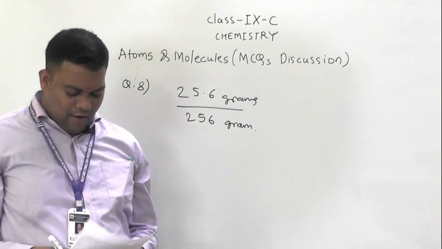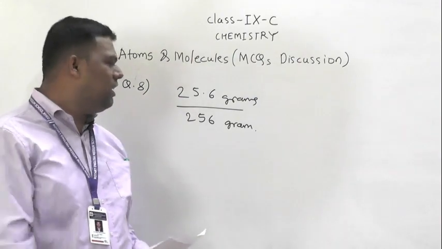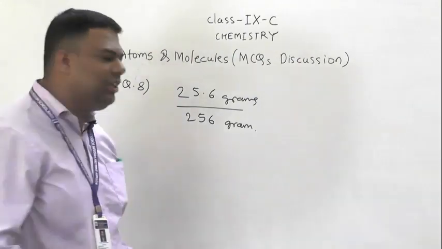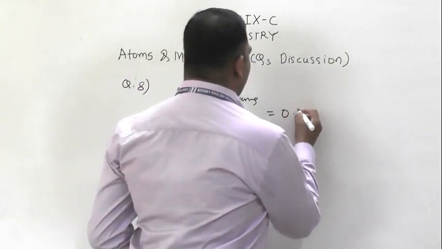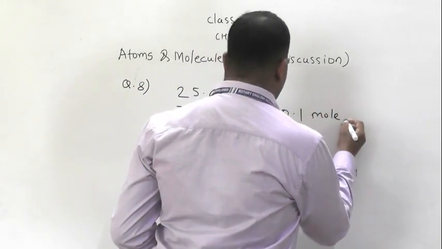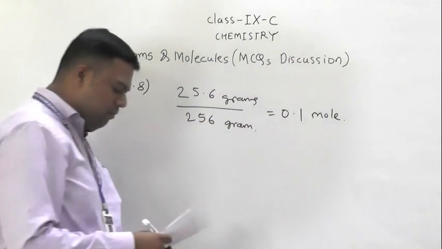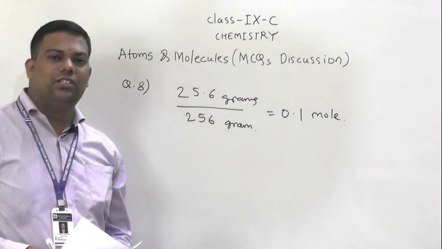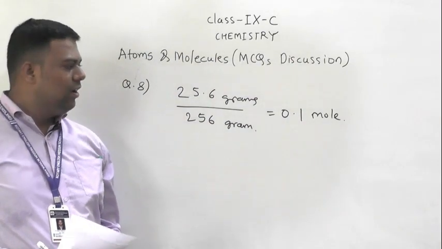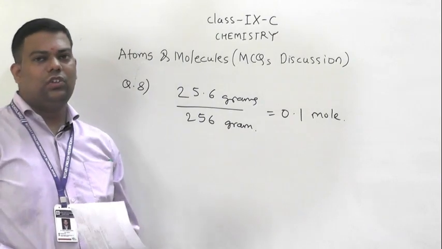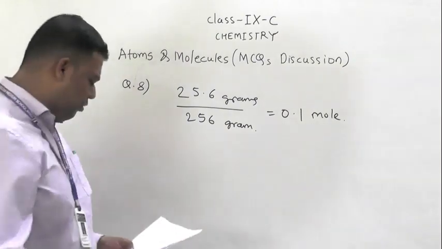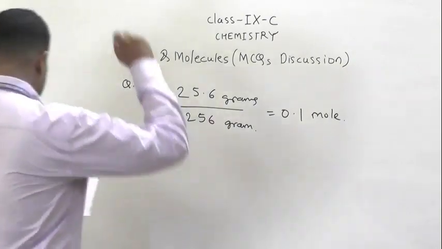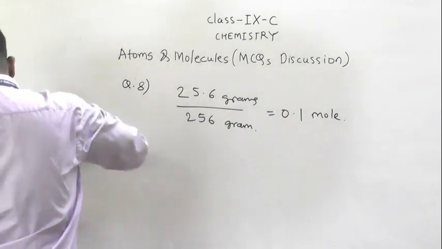Understood? After solving this, you will get the answer easily. How much is it? 0.1 mole. Here you easily get the answer. So these are simple numericals. Next we will discuss.